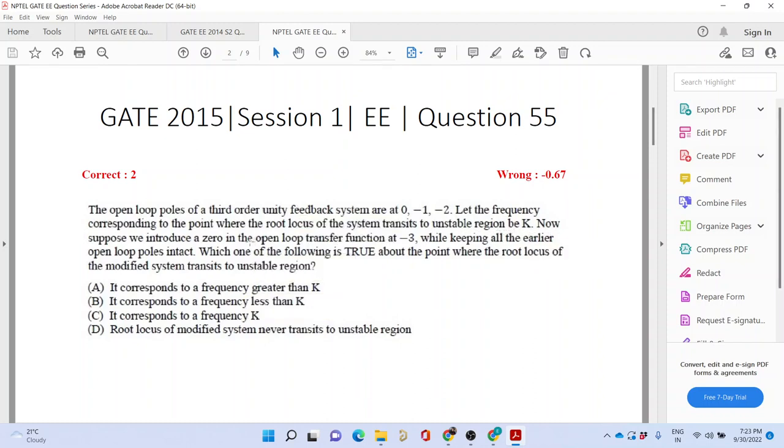Now a zero has been introduced at s is equal to -3, keeping all other poles intact. Now you have to choose among the following options which is true for the root locus of the modified system. So let me give you 5 minutes time to solve it, and then we will discuss.